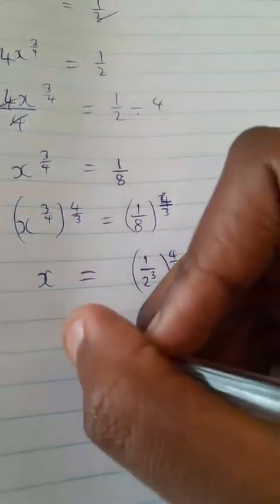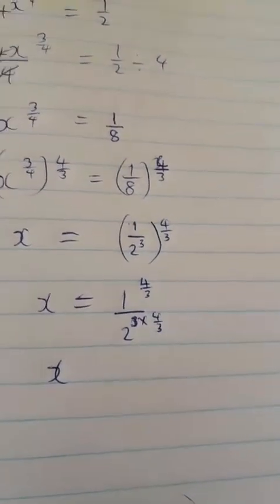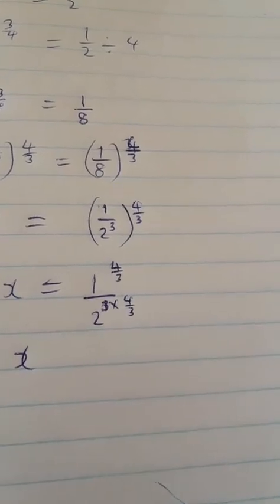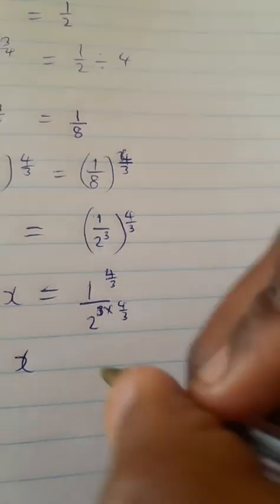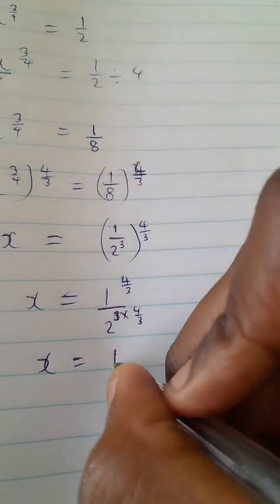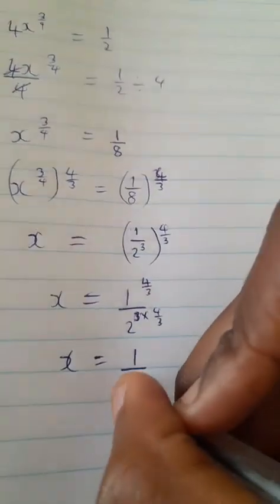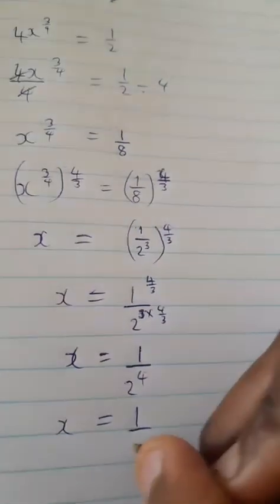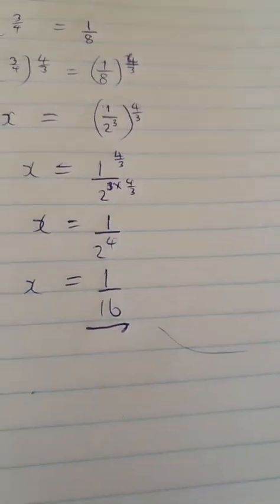And I'm sure you guys can see that 1 to the power 4 over 3, any number that the base 1 is raised to will give you an answer of what? Of 1. Over 2 to the power 3, obviously the 3 and the 3 cancel, we're left with 2 to the power 4. Final answer, as Boitumelo had already indicated, will give us 1 over 16.